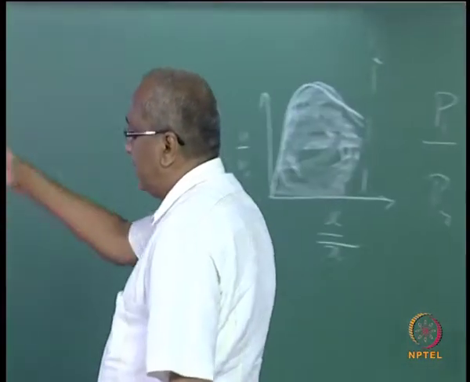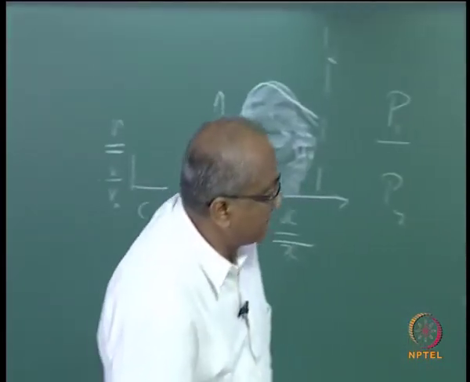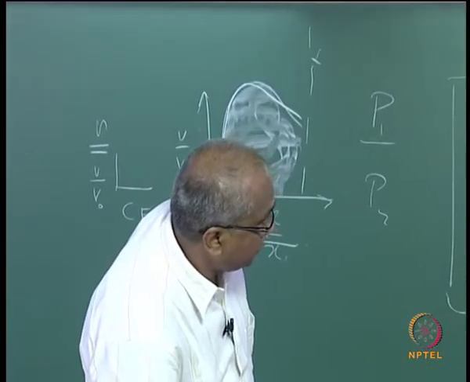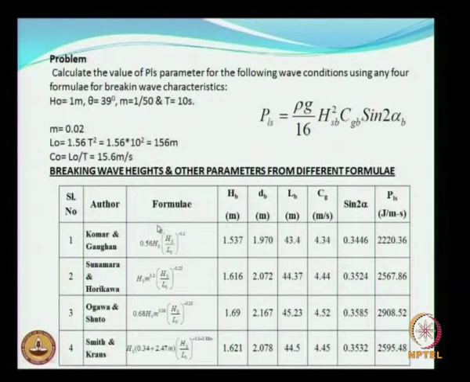Here I have listed the formulas given by different authors, and you can sit and do the calculation by yourself. The beach slope here we have taken as 1 in 50, and then you calculate all those parameters that are needed for calculating your PLS.